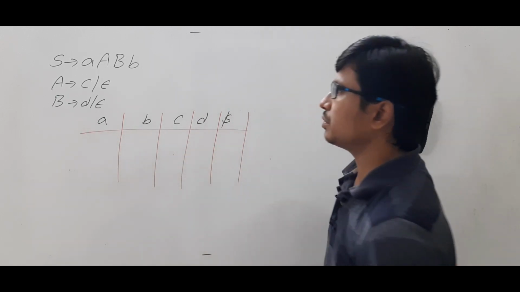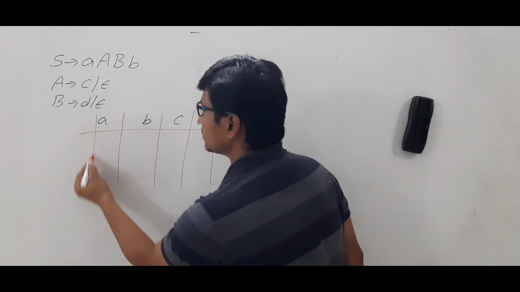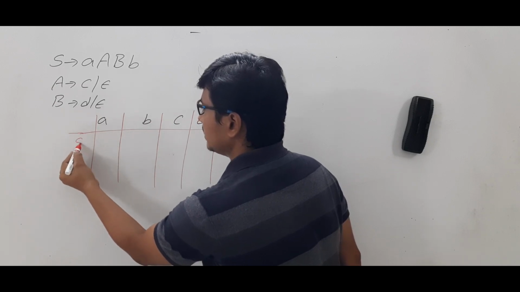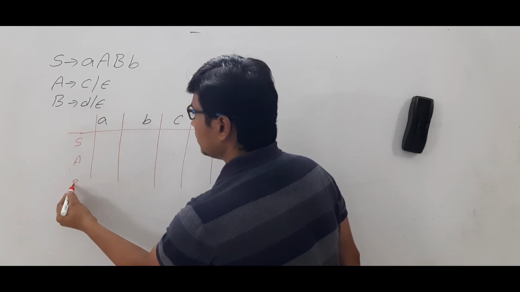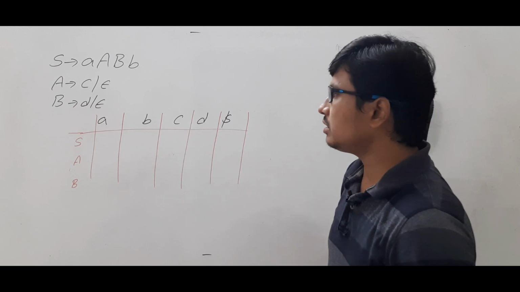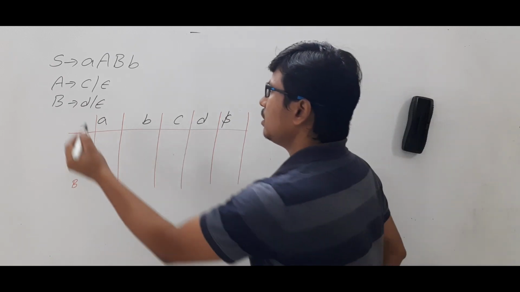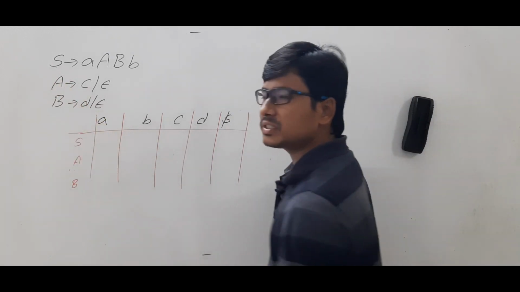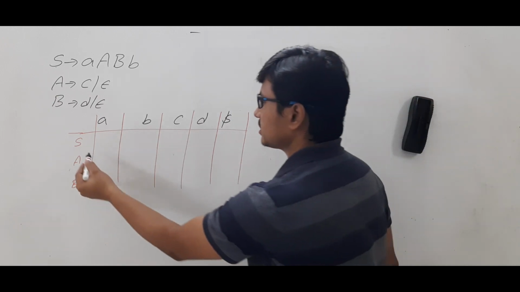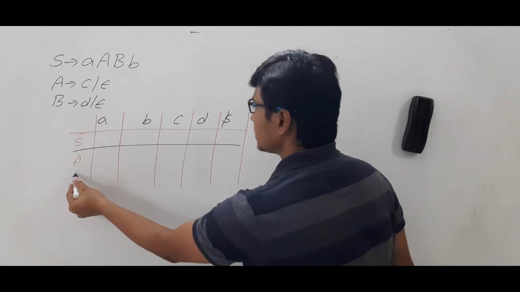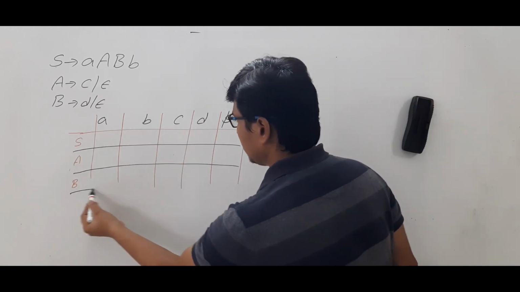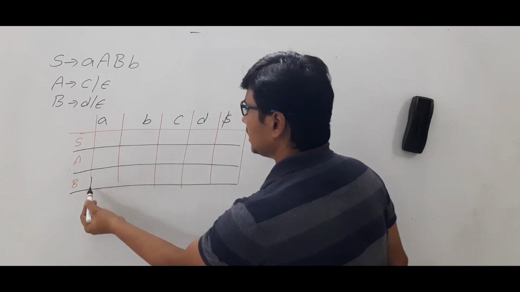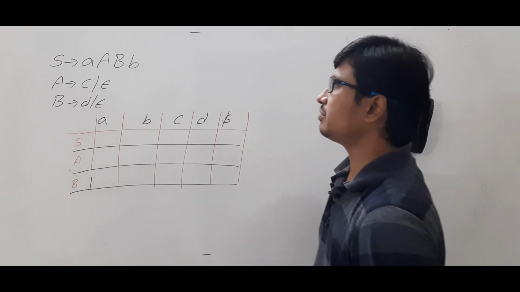Now in the rows, you will have the non-terminals. The non-terminals here are S, A, and B. What are the non-terminals? The symbols which are on the left hand side of the productions we call non-terminals. Let me construct the LL1 parsing table for this one.